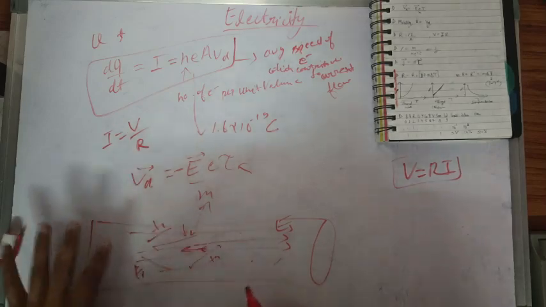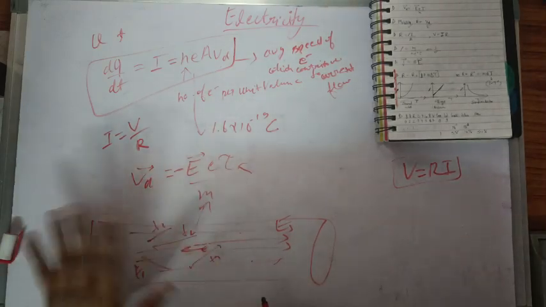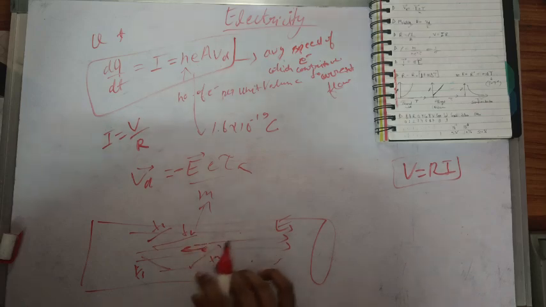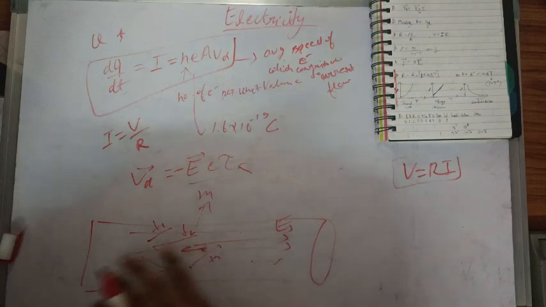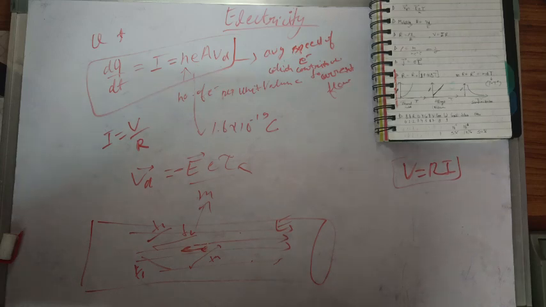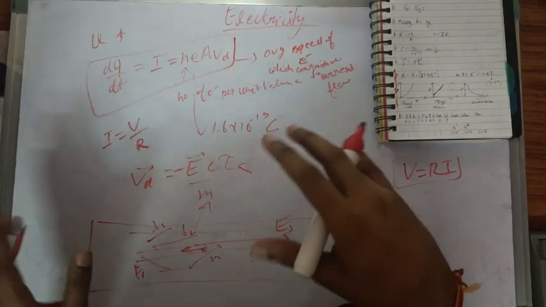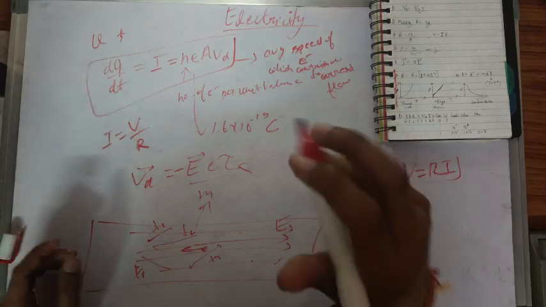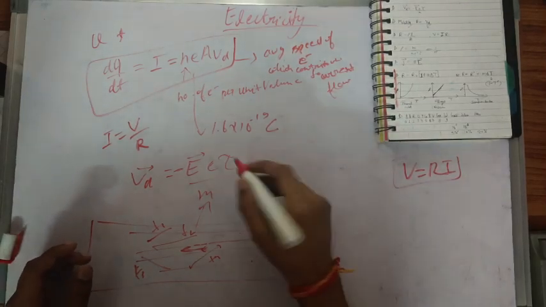So they collide after different times. Means that the time between two successive collisions can be different for different electrons at different instants, and taking the average or mean value of all these times between two successive collisions, the average value we get is this tau.